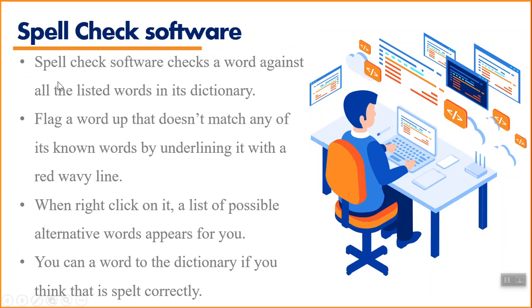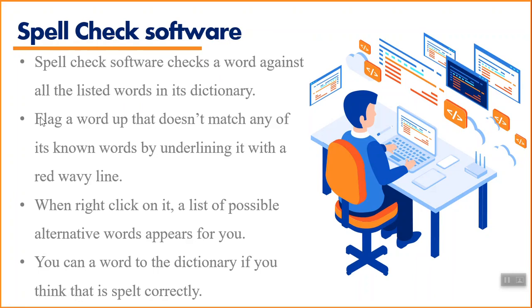Spellcheck software checks a word against all the listed words inside its dictionary. When you type a word in your document, it is checked against all the listed words inside the dictionary of your computer.